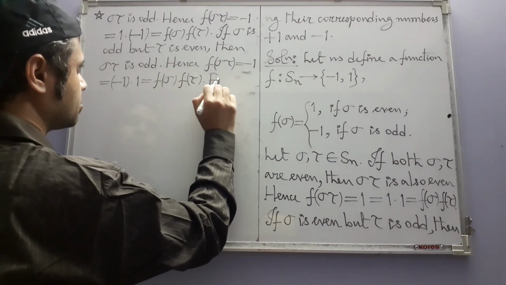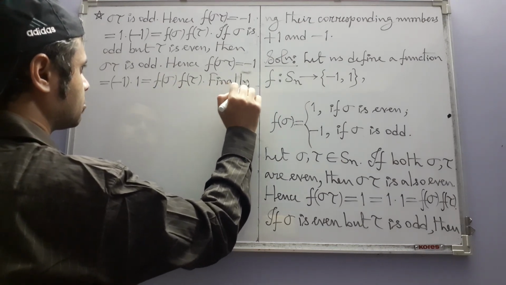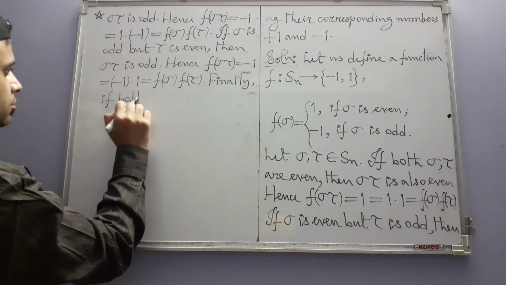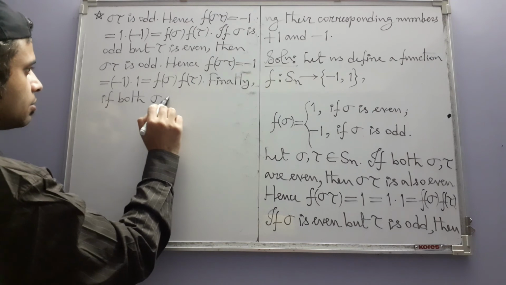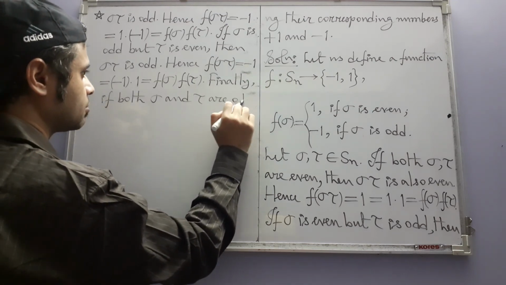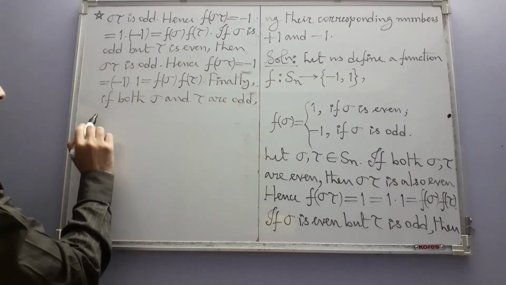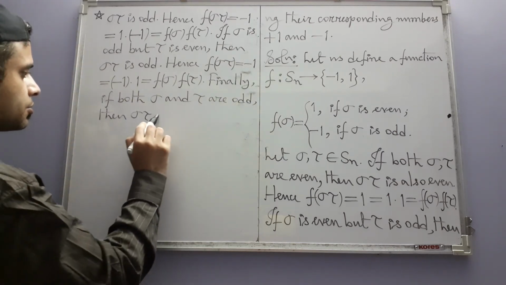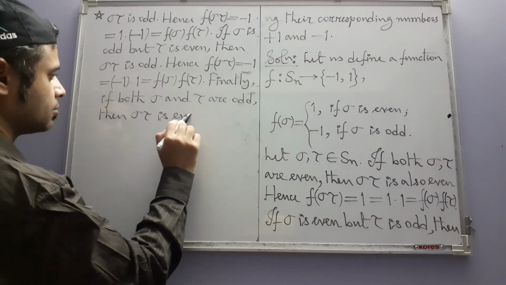Finally, if both sigma and tau are odd, then sigma composition tau is even.